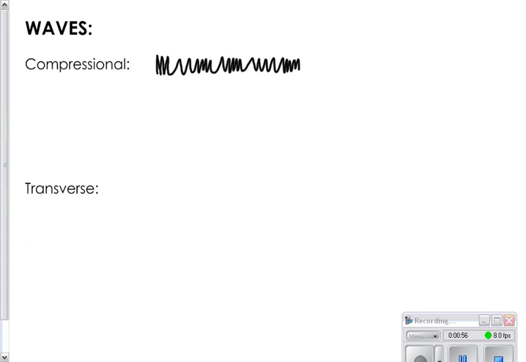When a compressional wave is traveling, the matter is traveling from side to side. These waves do require a medium to travel through, like air or water, or even a solid. Sound can travel through a solid. As I just said, an example of a compressional wave is sound waves.